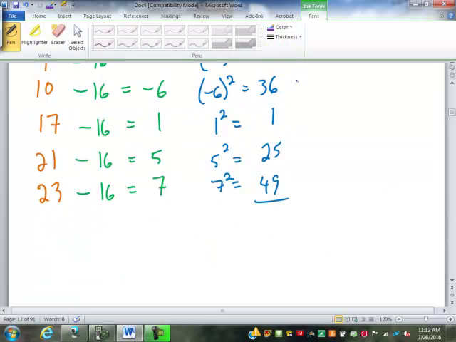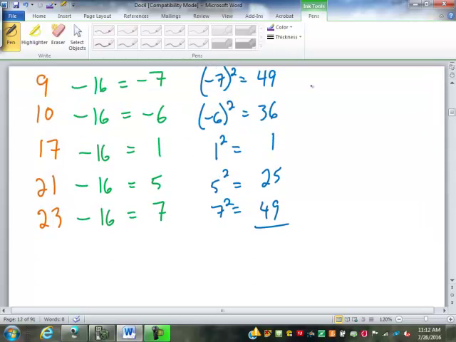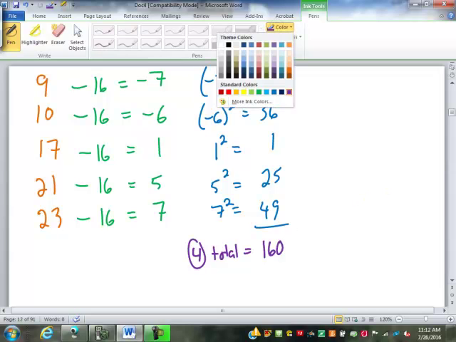What's step 4? Find the total. And that adds up to, what, 160? Yep.